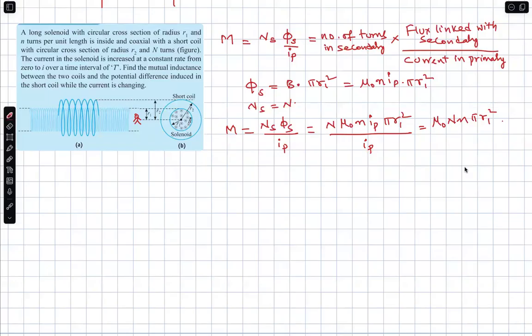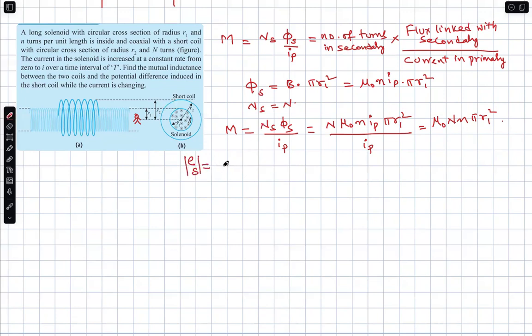Whether the current goes n times, that I don't care. What do you want? Find the mutual inductance. Then next, find the mutual inductance between the coils and the potential difference induced in the shorter coil. EMF in the secondary is, you want magnitude only, no? Because you didn't give any direction.